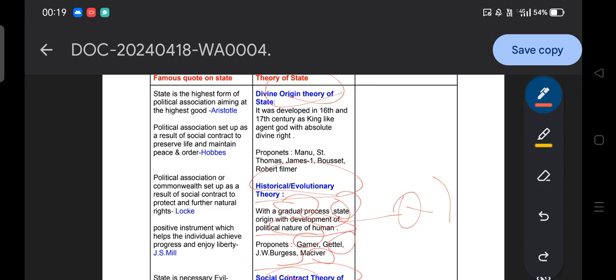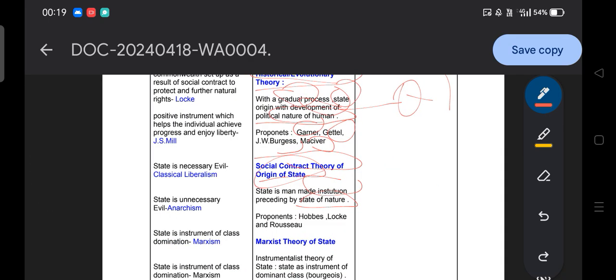But the divine origin theory says the state is created by God. The state is not responsible to the people, because the state is the agent or image of God. So that's why it is not answerable to the people.